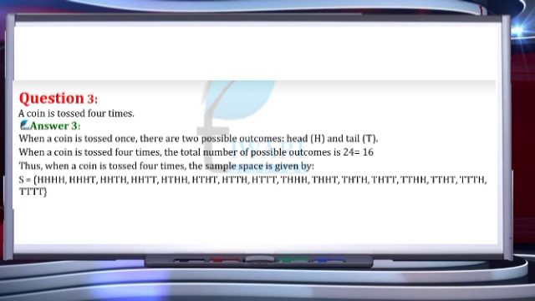Again, first fixing all the heads, then 3 heads together. That means one tail can take the first, second, third or fourth position. Similarly with 2 heads, or you can say 2 tails, both will be the same cases. Next will be with 3 tails, and the last one is all 4 tails. So likewise we will write our sample space, which will contain 16 events.